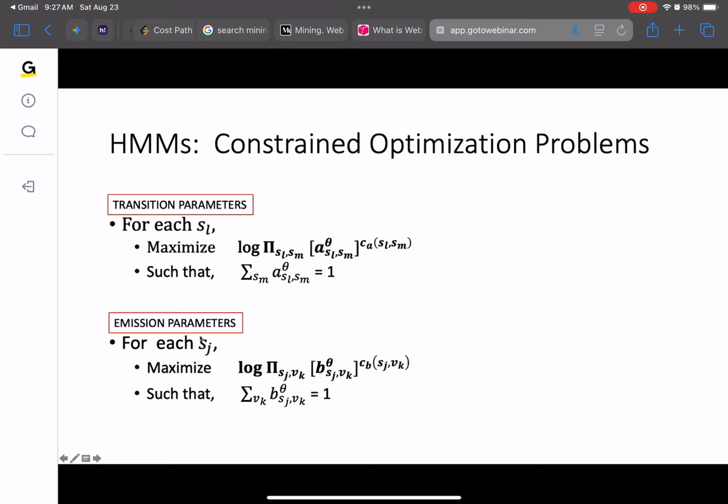And similarly, for emission parameters, we can define the objective function and the constraint over the emission parameters. These are solved using Lagrange multipliers.